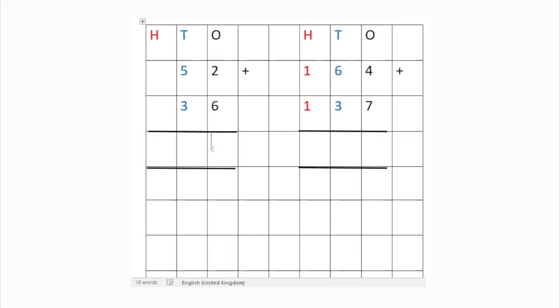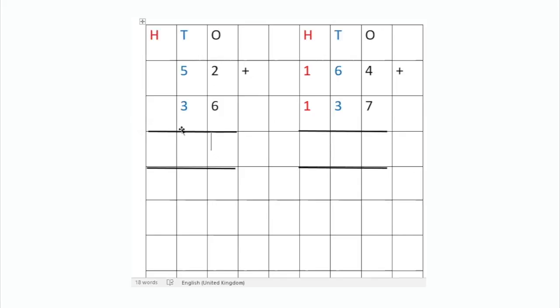When we do column addition, we need to make sure that our numbers are in the correct column. So these will be our steps to success today. Our steps to success are to place the digits in the correct column. As you can see, I've done this. Show the addition and equal sign. You can see next to our question, we have an addition sign, and we also have an equal sign.